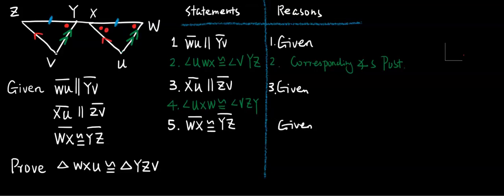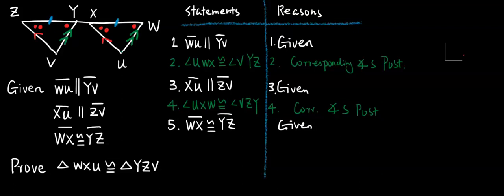VZY is here. And once again, we use that when two parallel lines are cut by a transversal, corresponding angles are congruent. So 2 and 4 use the same reason. All right, let's go to 5.